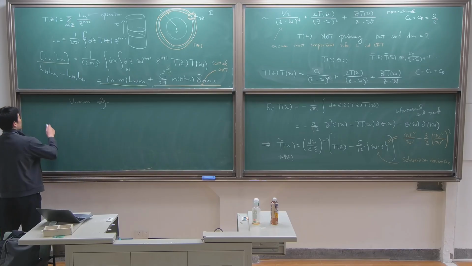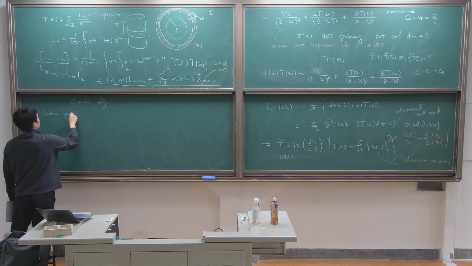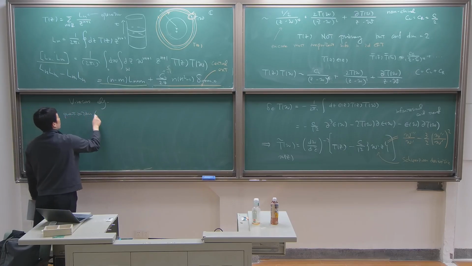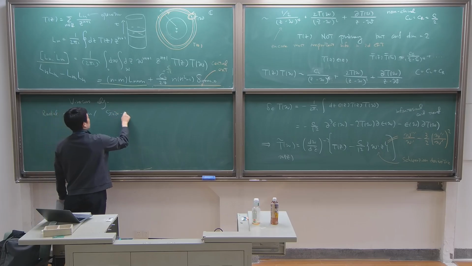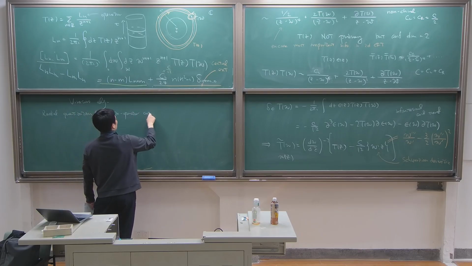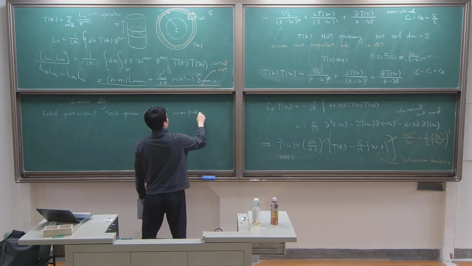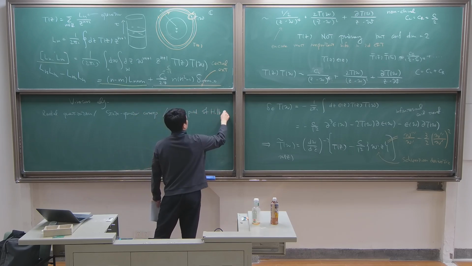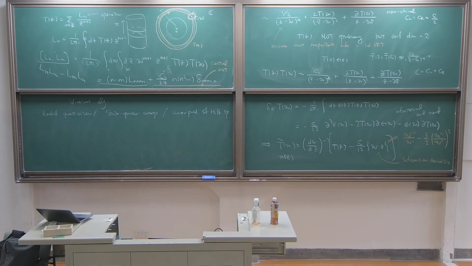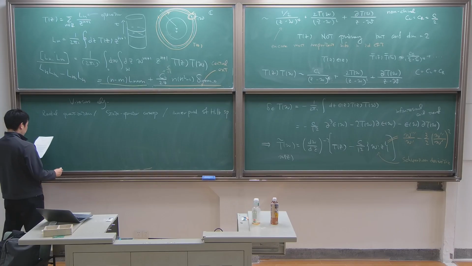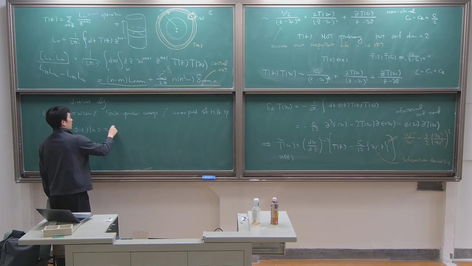Okay, so now we consider radial quantization, and then the state-operator correspondence, and then the inner product of Hilbert space. Now, radial quantization means that if you consider the operator phi of z, and you take the limit z goes to 0 acting on the vacuum, you get the state.